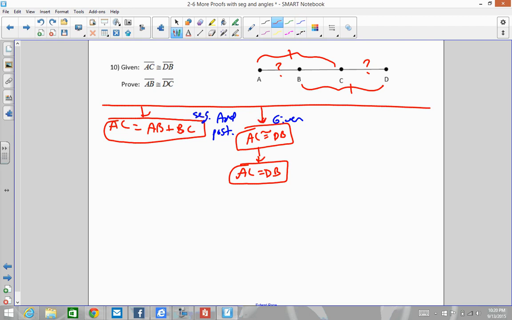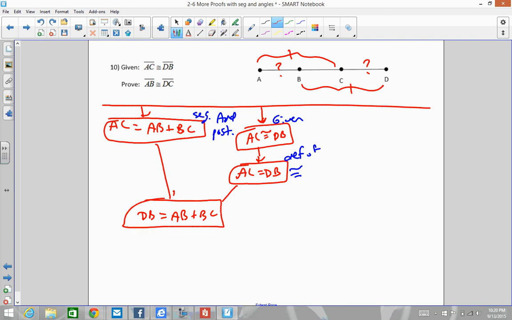I like to make sure you got those arrows there. So definition of congruence. Okay, and so there we have it. Now I can take out the AC and replace it with DB, couldn't I? So I could bring this together and this together, if and then. And so DB is equal to AB plus BC.